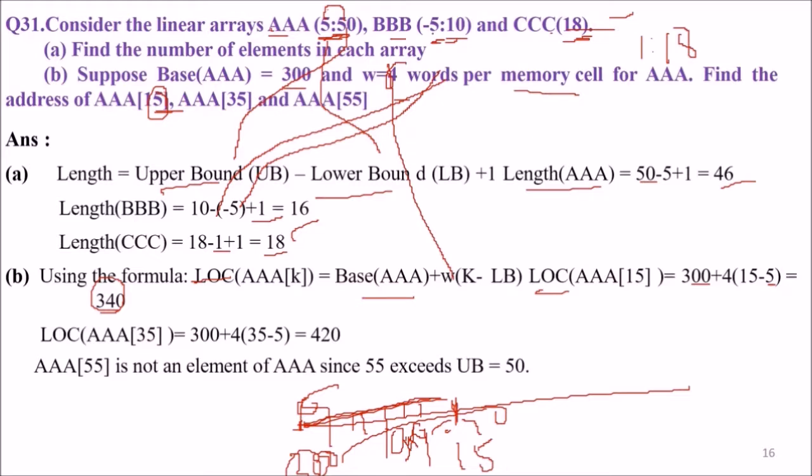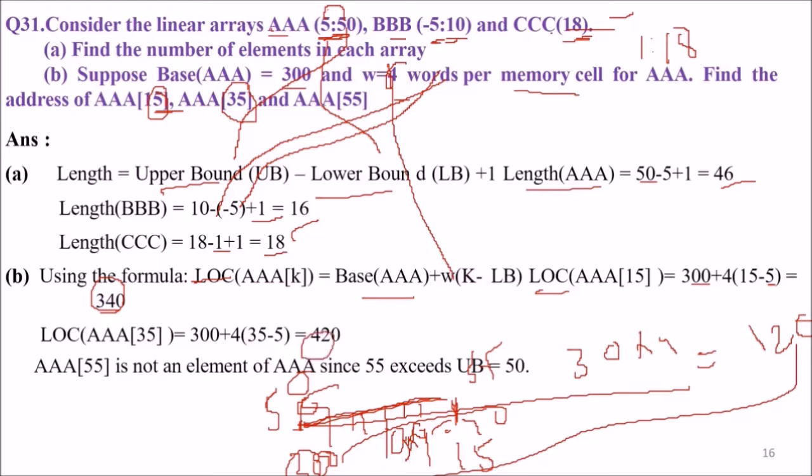Okay, in this same way, for 35 you will not start with 0 to 35, because it is starting from 5, so it will be 35 minus 5, that will be 30, and then 4 memory words, that is 30 into 4 is 120. So now 120 will be added to 300, it will be 420. And 55 also, because 55 you will start calculating, but you should not.